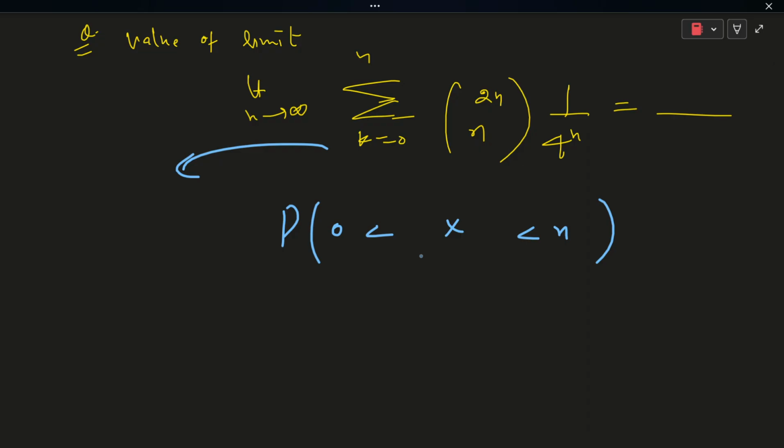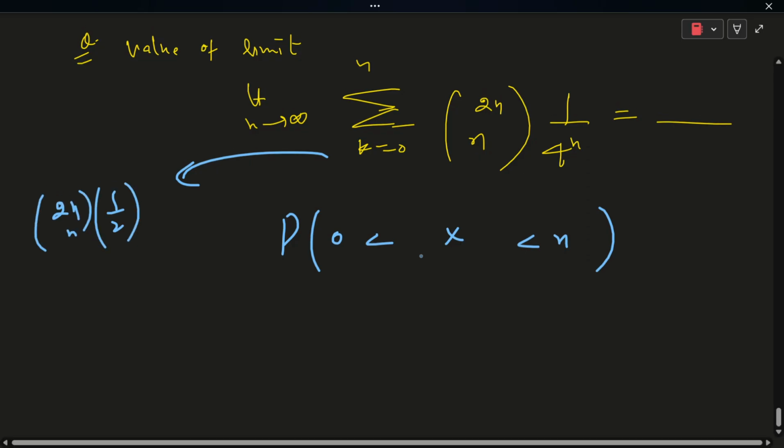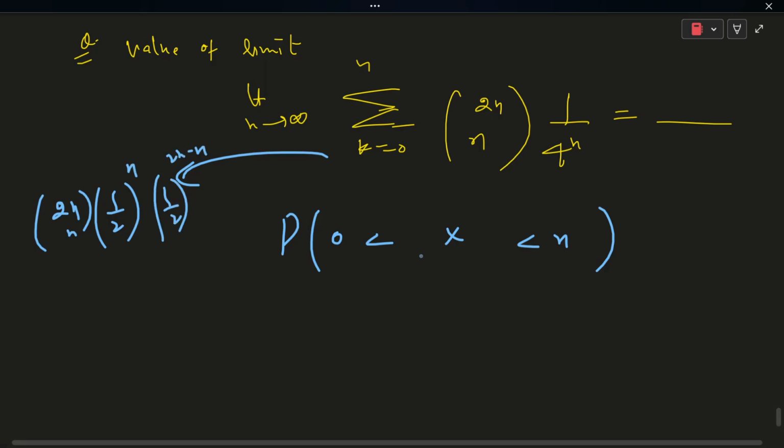See, अगर मैं लिखूंगा 2n choose n, 1 by 2 to the n, 1 by 2 to the 2n minus n, ऐसे लिख सकता हूं मैं.